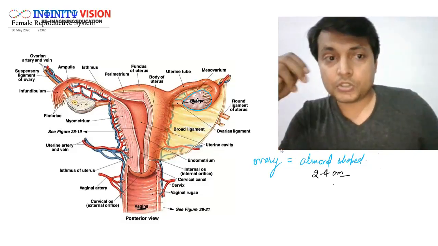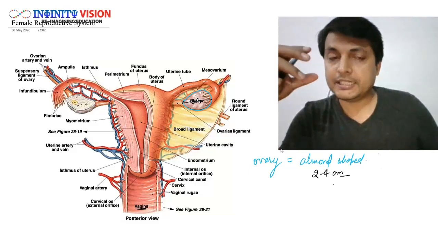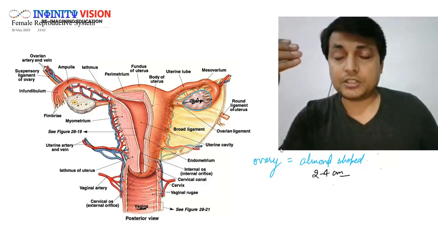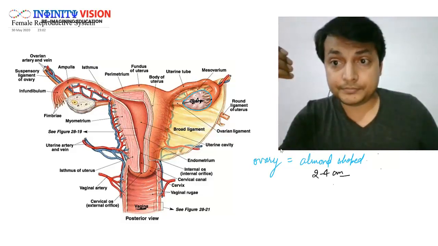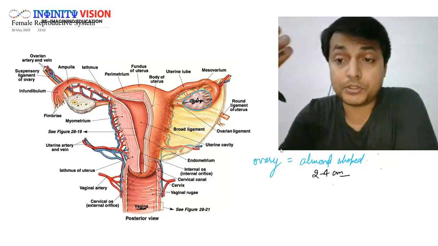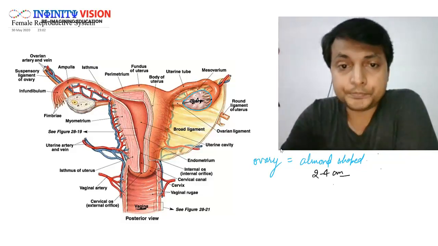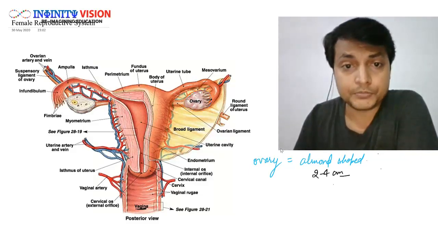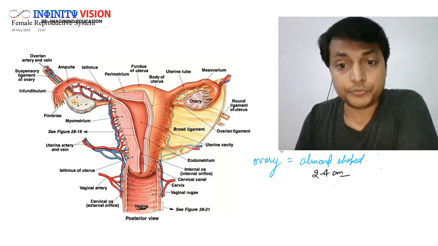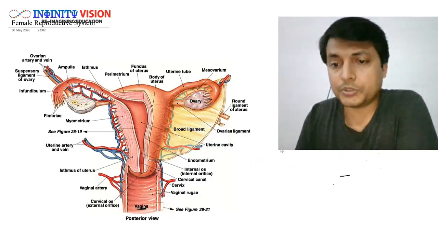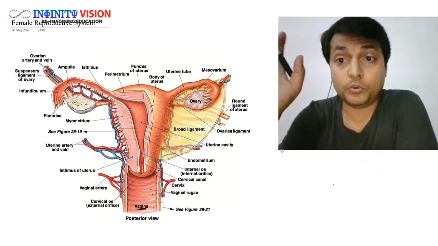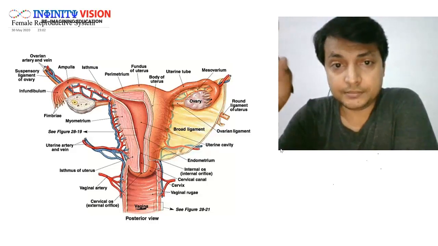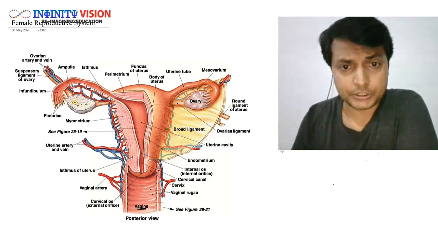The main function of the ovary is gametogenesis, that is the production of ovum. Apart from that, it also produces certain hormones, but that we will see later on, not in this lecture. Today in this lecture we are only going to see the overview. In detail we will talk later.